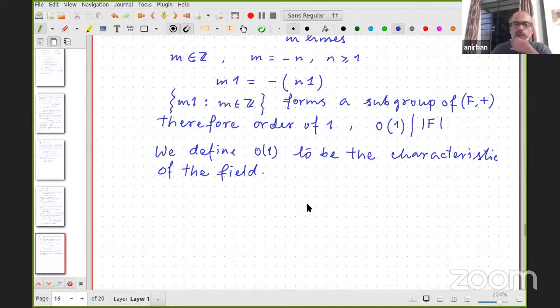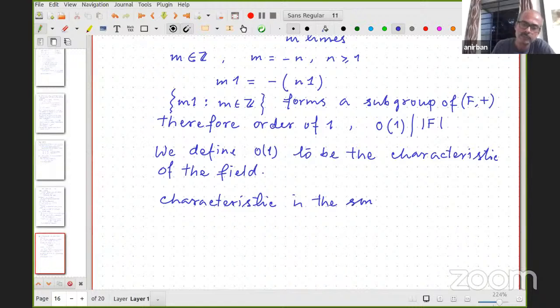The characteristic is also the smallest positive integer m such that m of 1, so 1 added m times, is 0.